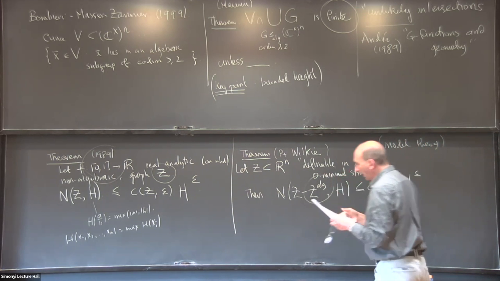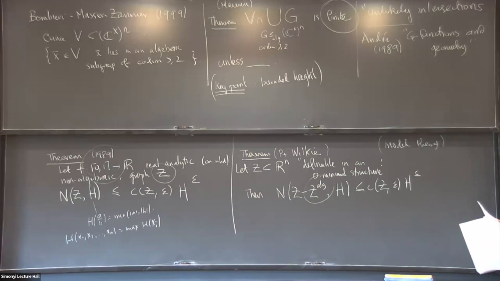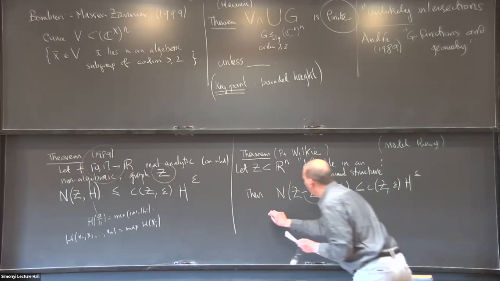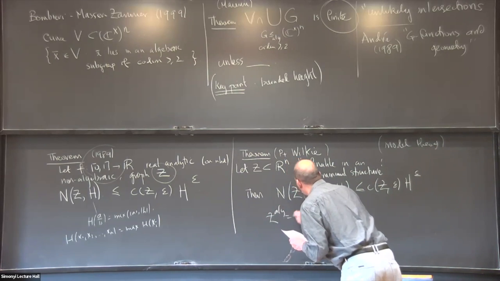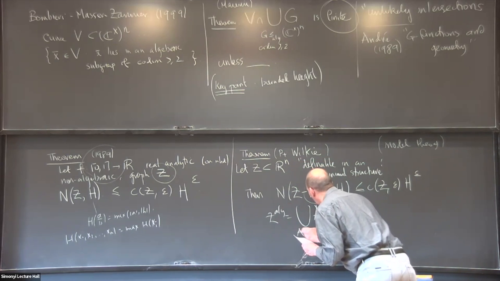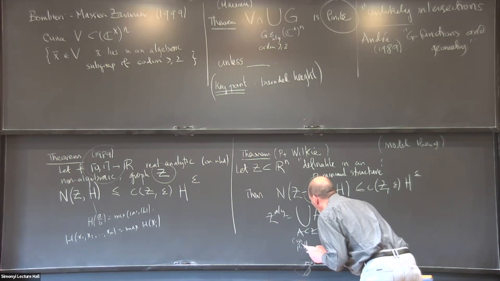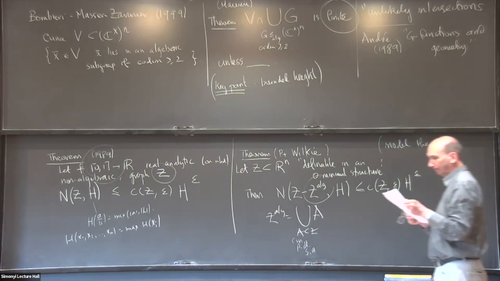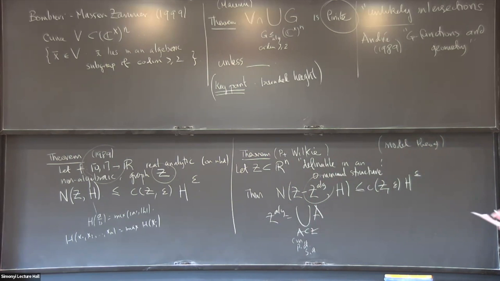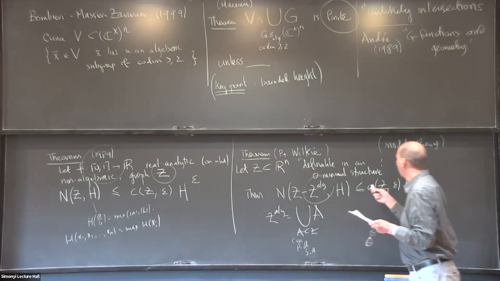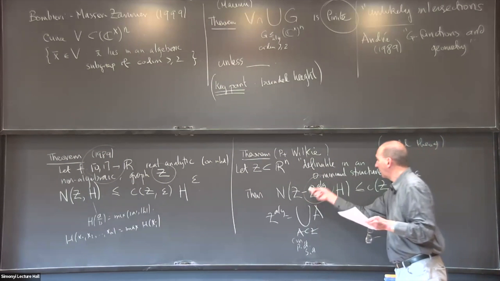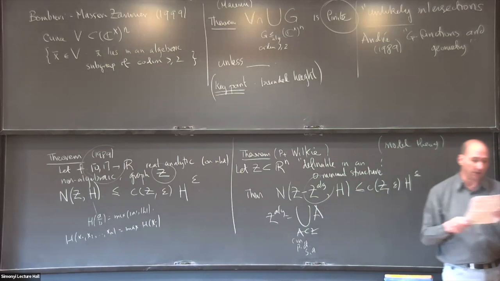Now this algebraic part, by definition, is the union of all positive dimensional connected semi-algebraic subsets of Z. The idea being that the presence of many rational points in a high density sense on this set can only come from algebraic things.